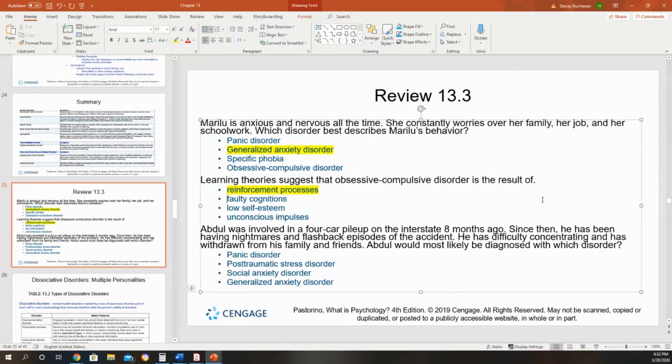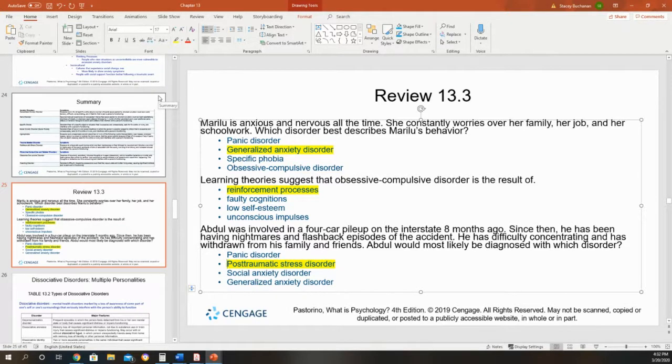They don't mention panic attacks. Social anxiety disorder? Well, he's withdrawn from his family and friends, but you wouldn't have nightmares and flashback episodes. Generalized anxiety disorder? No, not quite. Doesn't say he's worried about things. So, process of elimination, post-traumatic stress disorder.